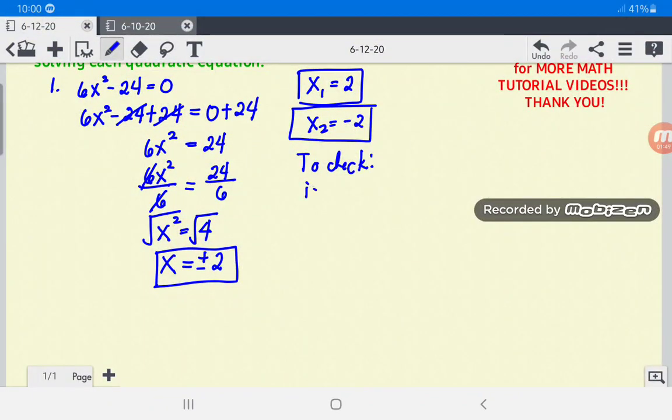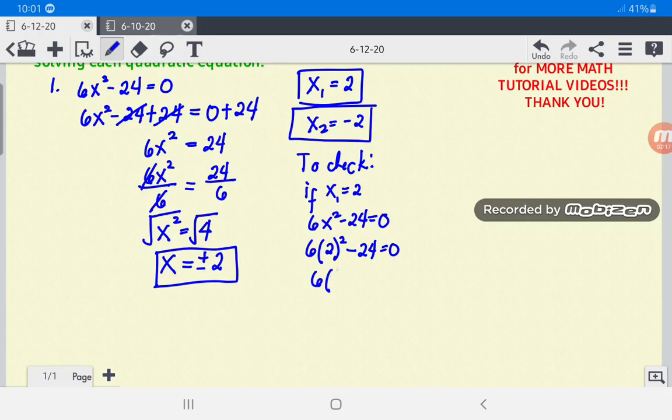So to check, if x is equal to positive 2, using the original equation, we have 6x squared minus 24 equals 0. Then we have 6 times x, which is 2. You substitute: 6 times 2 squared minus 24 equals 0. Then you have to simplify first the number inside the parentheses.